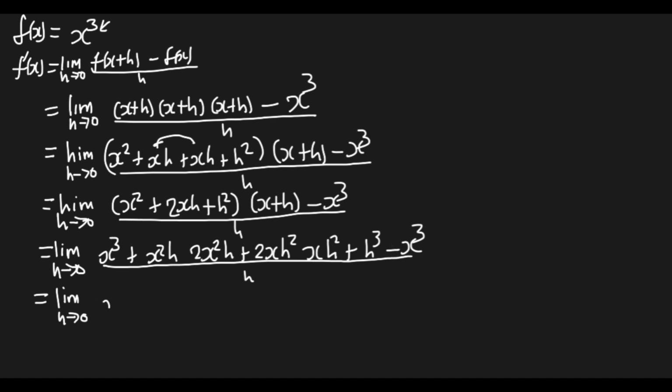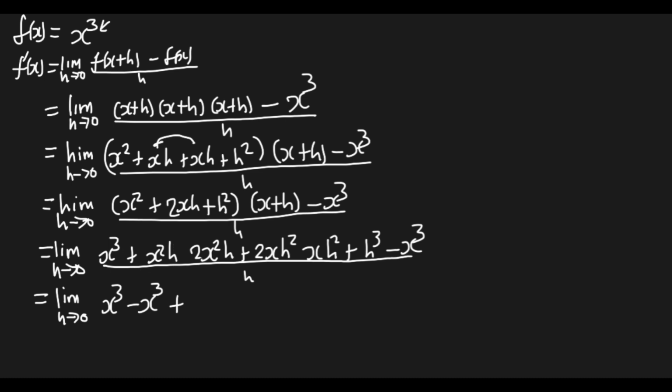So say x raised to the power 3 minus x raised to the power 3. What else? So we have this one and this one. So these 2 are like terms.